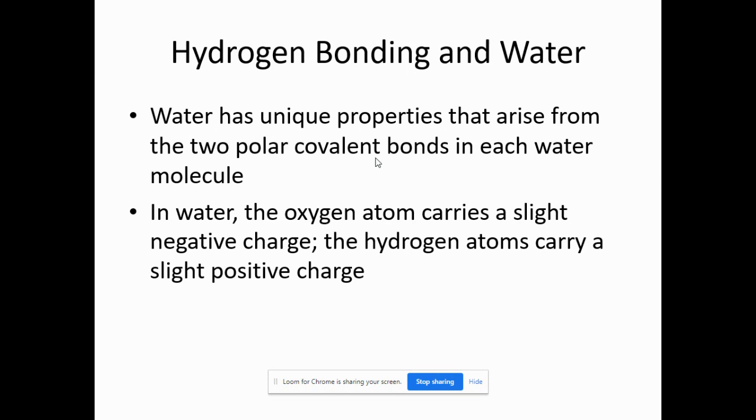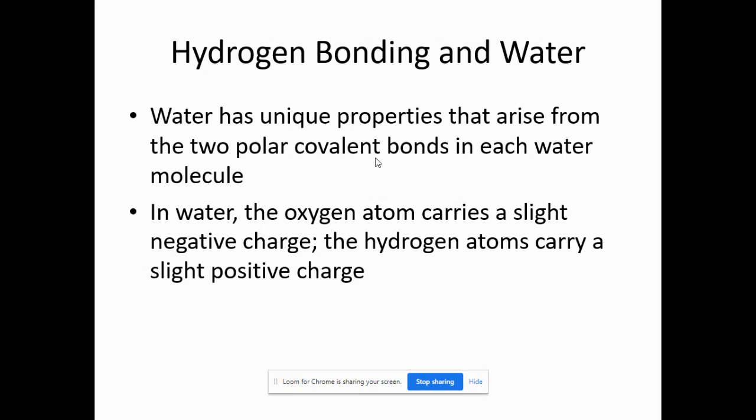When we're looking at water, you may also know it as H2O. You have an oxygen atom bonded with two hydrogen atoms, and in that H2O molecule, you have two polar covalent bonds.